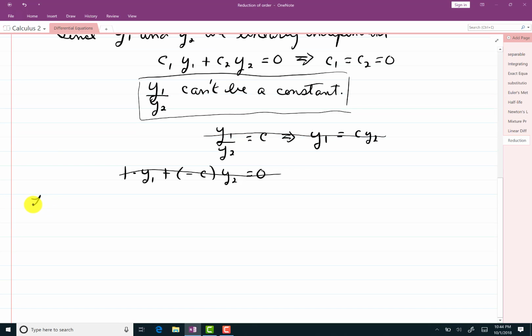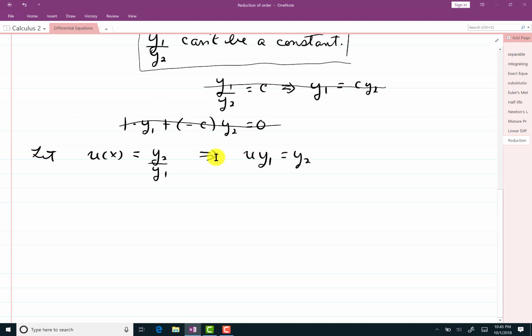So let u of x equal, I'm going to actually turn that upside down, y2 over y1. y2 is the guy we're trying to find. y1 is already known. Let's multiply through by y1, and we'll get u y1 equals y2. And we're going to be doing a bunch of stuff with this, like taking second derivatives and all that kind of stuff.